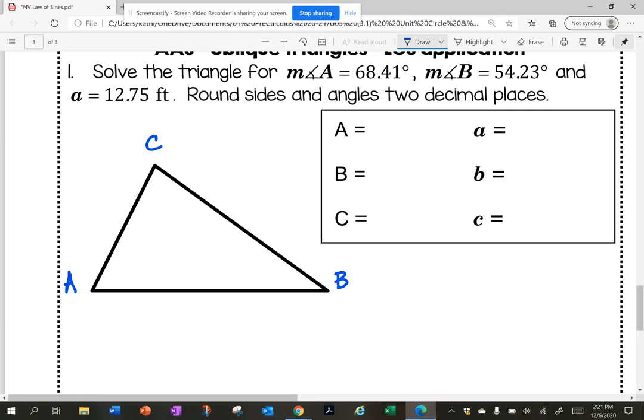So we are given that the measure of angle A is 68.41 degrees, that side a is 12.75 feet, and that B is 54.23 degrees.